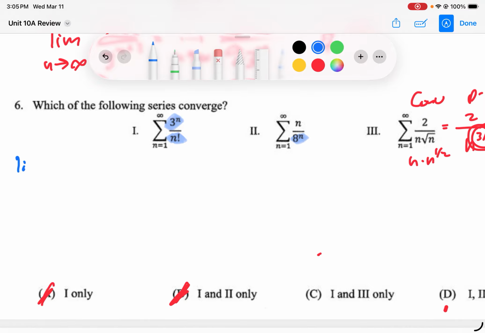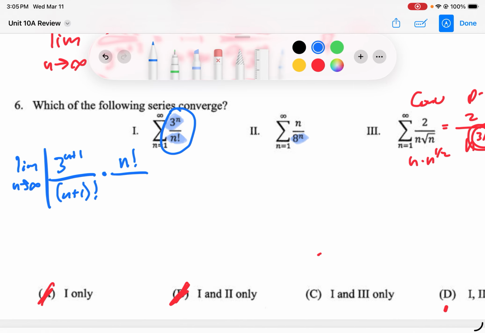So I'm going to say the limit as n goes to infinity of the n plus 1 term, in absolute value, it'll be 3 to the n plus 1 over n plus 1 factorial, divided by the nth term, or basically multiplying by the reciprocal of the nth term. This is a review, we've done this before. Now this is equal to the limit as n goes to infinity.